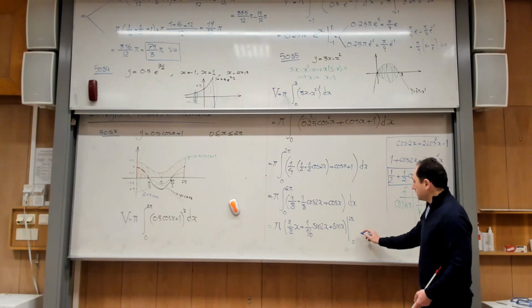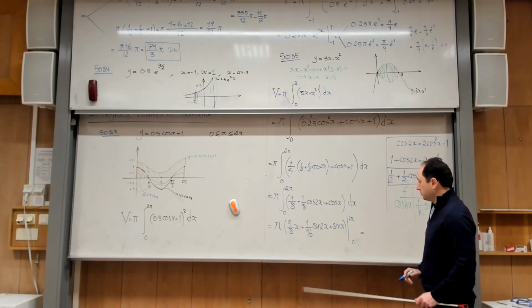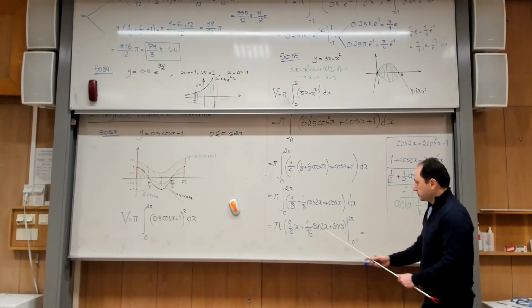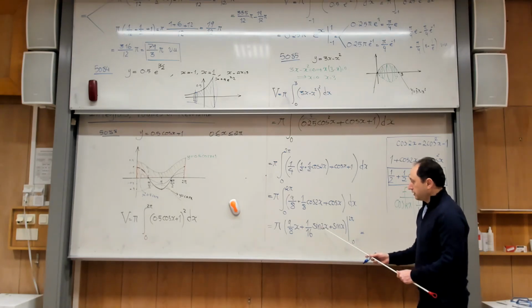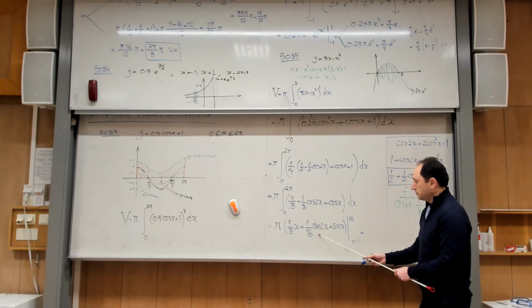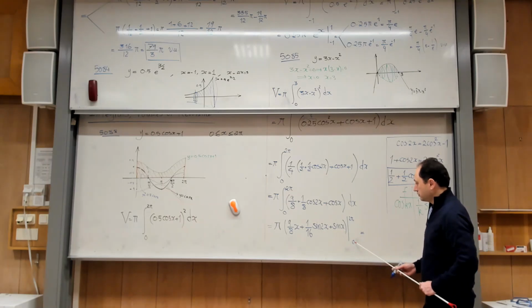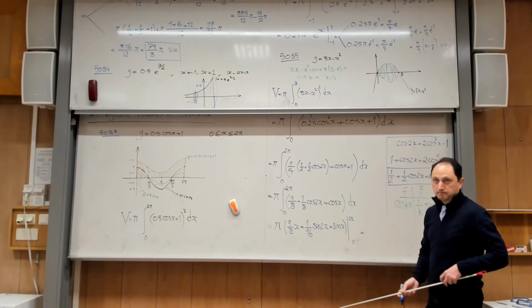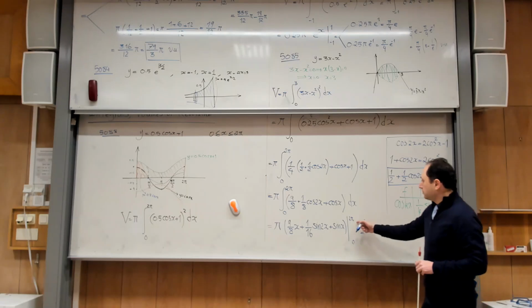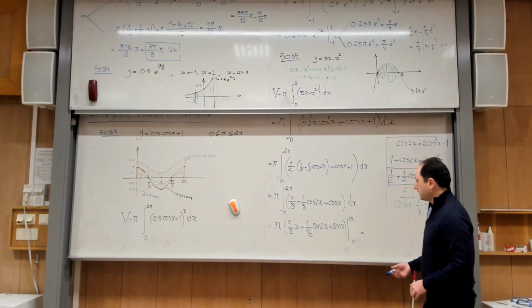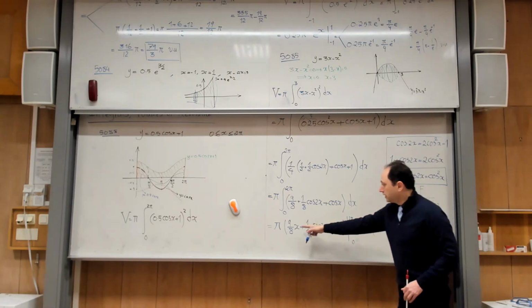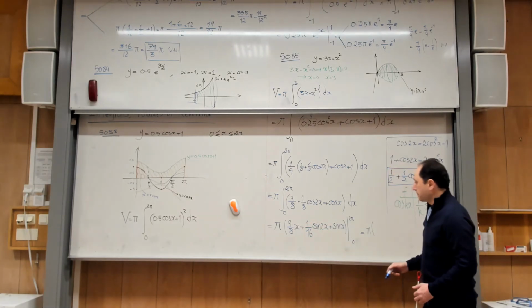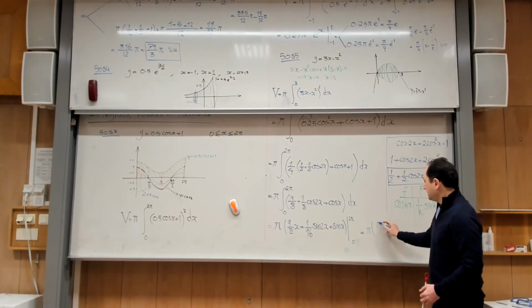But the good news is that this is very simple. First of all, I don't need to be worried about the lower limit, because if I put 0 here, it becomes 0. If I put 0 here, sine of 0 is 0. If I put here, sine of 0 is 0. So when I put 0, everything vanishes. Yes? So what I put 2 pi here. So this becomes pi. If I put 2 pi here, multiplied by that, it becomes 18 pi over 8.